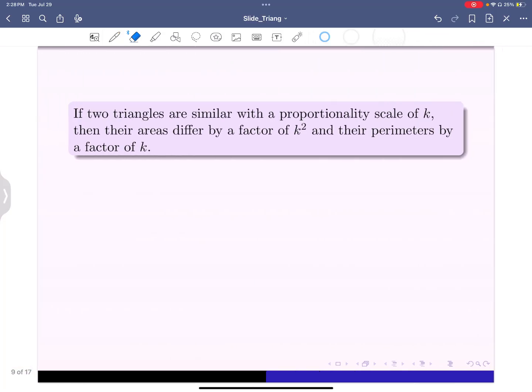So here we have to summarize. If two triangles are similar with proportionality scale k, then their areas differ by the factor of k squared and their perimeters by the factor of k.